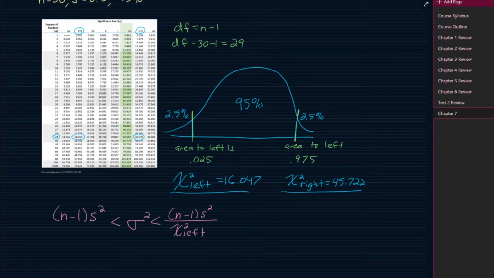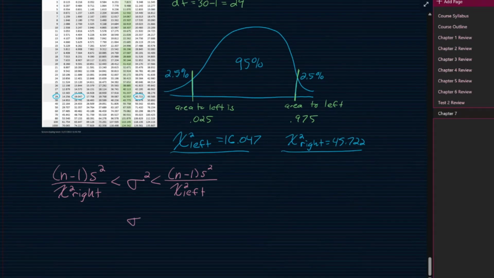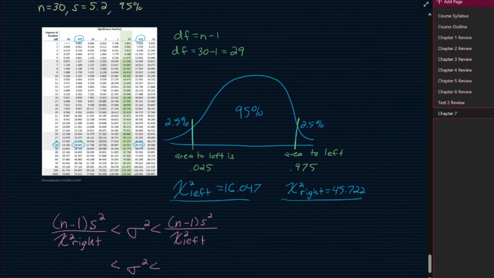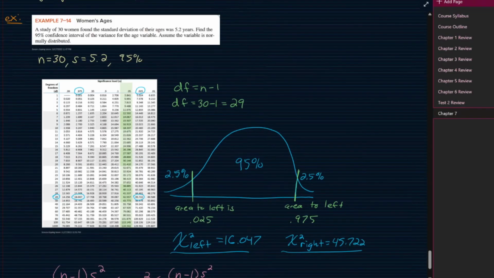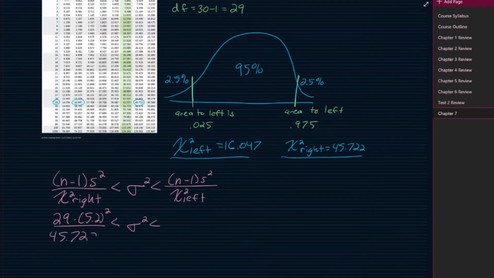So let's just plug everything in here. And that will tell us our upper and lower bounds for the variance. n minus 1, that's 30 minus 1, that's 29, right? So we get 29 times s squared, s is 5.2, over chi-squared right, which is 45.722. And the upper bound, it's going to be 29, that's the n minus 1.